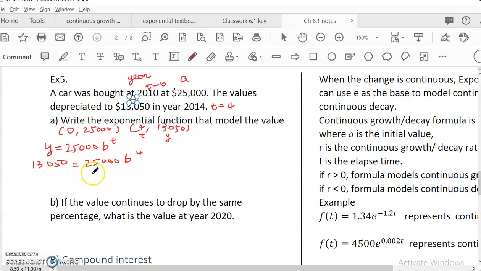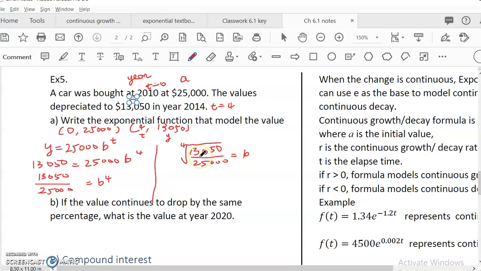Divide by 25,000 on both sides: 13,050 over 25,000 is equal to b to the 4th, because we want to do the root, right? You don't even need to cancel it because you're just going to do the 4th root of this big number: the 4th root of 13,050 over 25,000 would equal b.